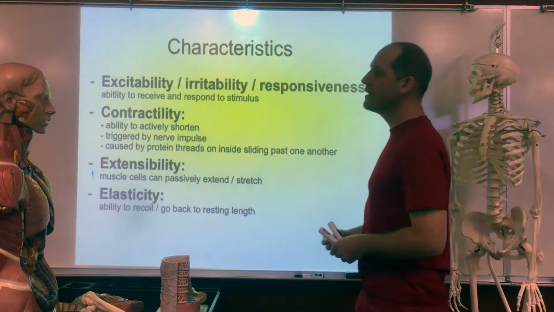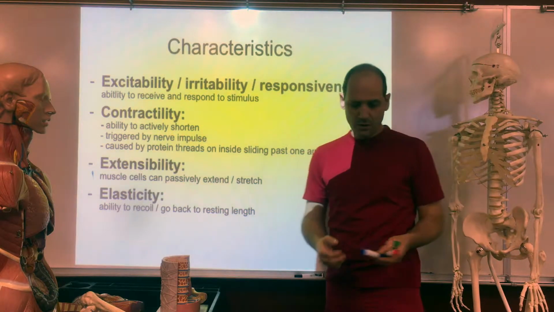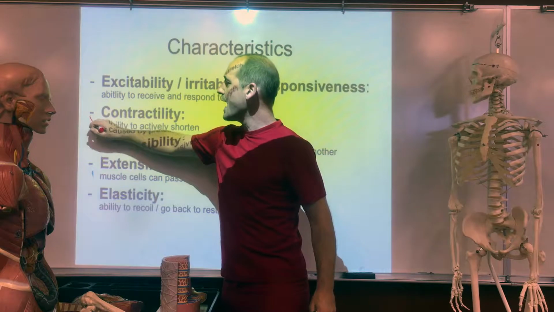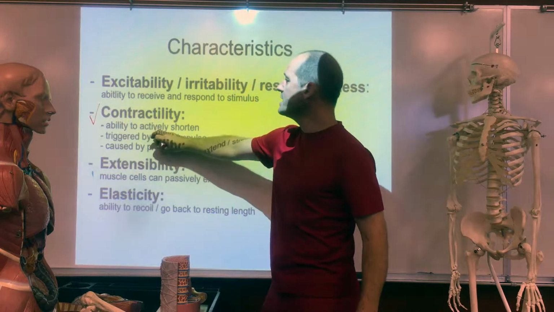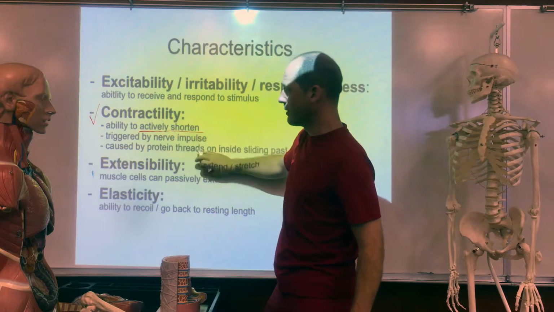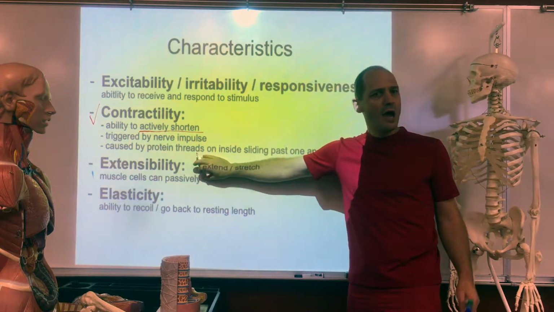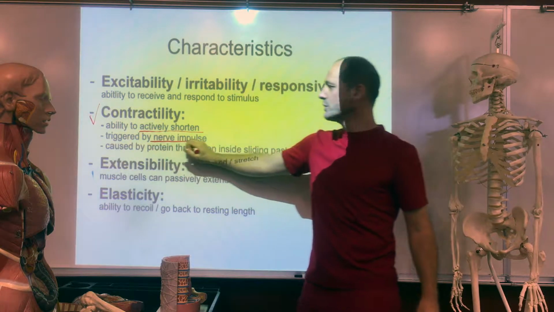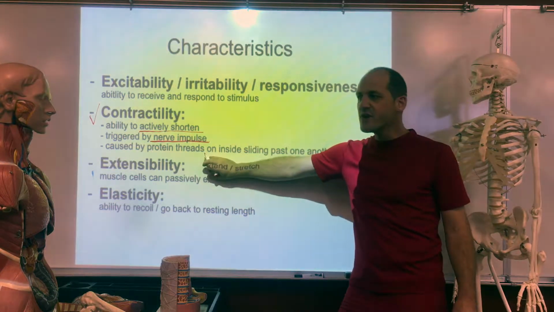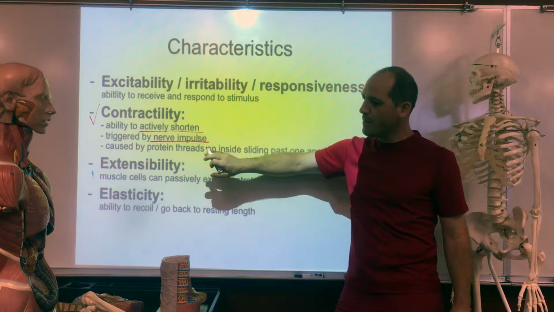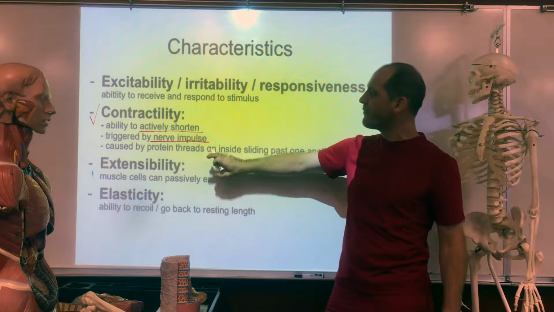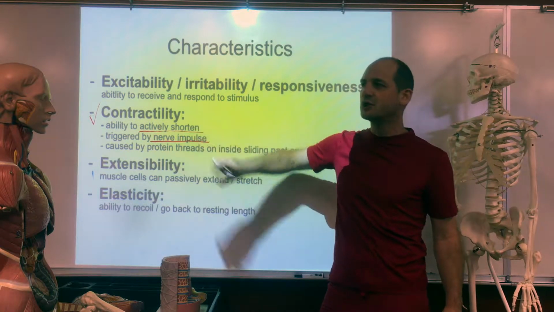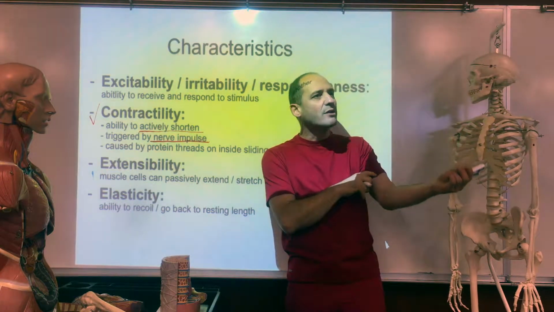Let's look at its characteristics. We've already said it's contractile. It has the ability to actively shorten. And that shortening is triggered by a nerve impulse. This particularly pertains to the main muscle type we're studying today, which is skeletal muscle.